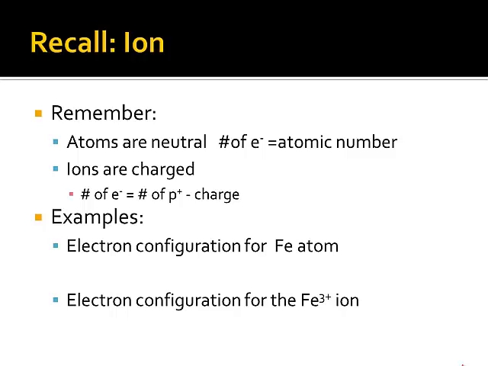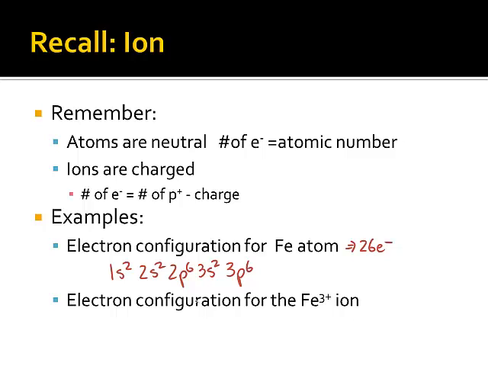So looking at the electron configuration of iron, iron has 26 electrons for the atom, because that's the same as the number of protons. Placing them in, I go 1s2, 2s2, 2p6, giving me 10, 3s2, 3p6, giving me 18.